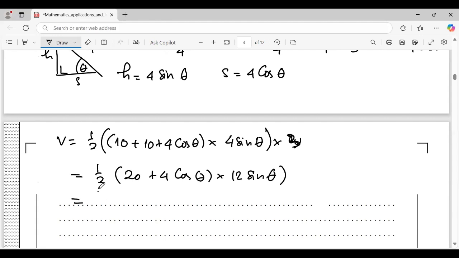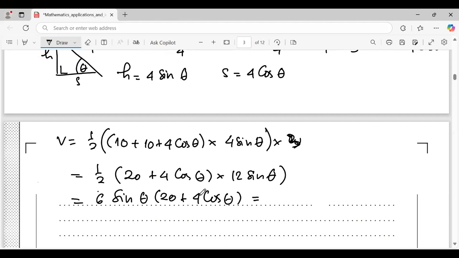It's going to be 6, because 12 multiply 1 half is 6, sine theta, 20 plus 4 cosine theta.